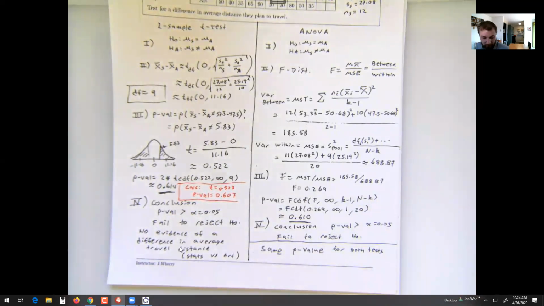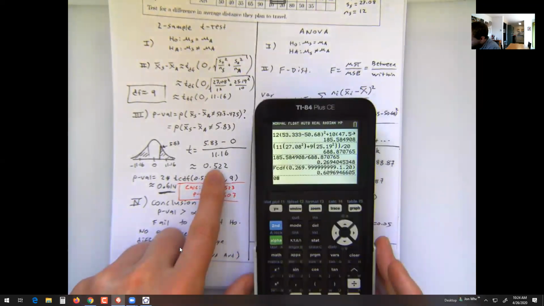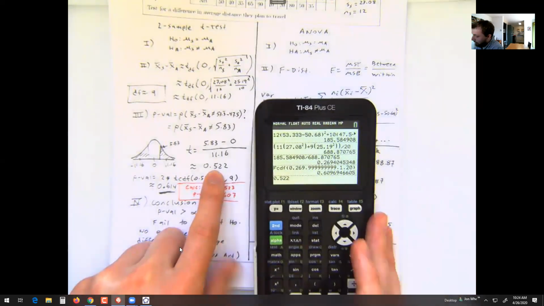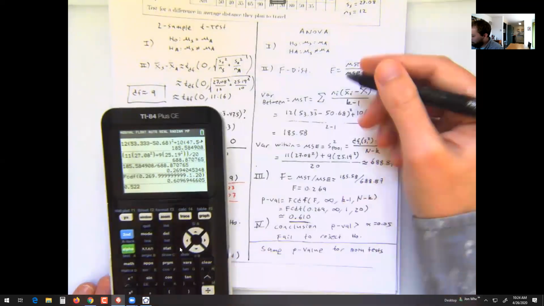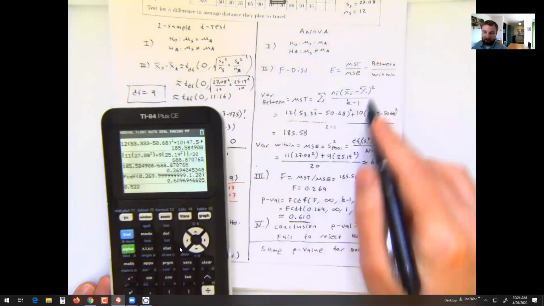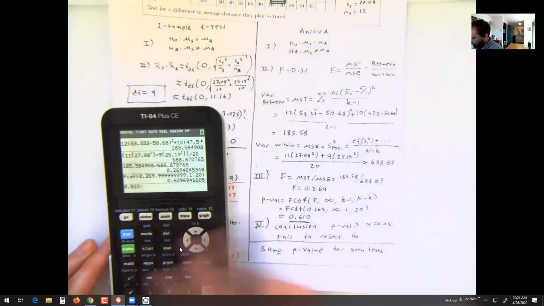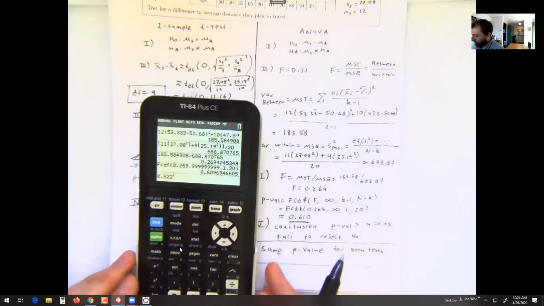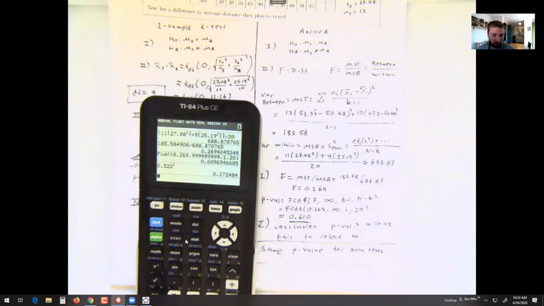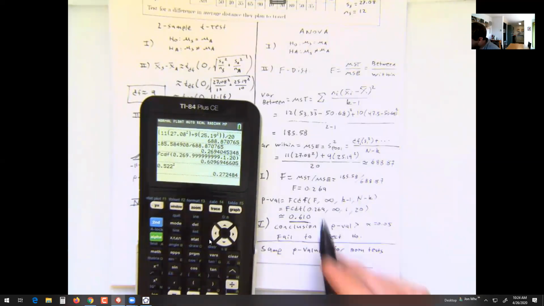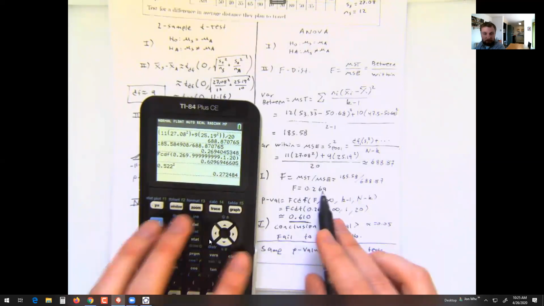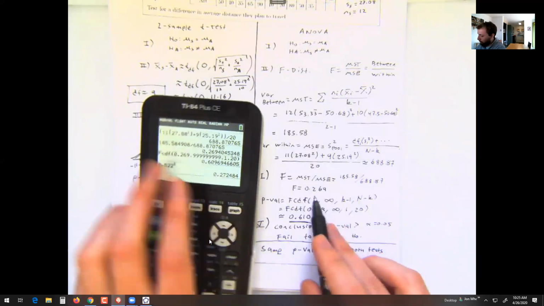My second observation is if I take this t-score, 0.522, and when I'm looking at the F distribution, it has a whole bunch of squares in it. So I'm going to try squaring this number. And let's see what happens when I square my t-score. This gives me 0.27. 0.27 was my F number.